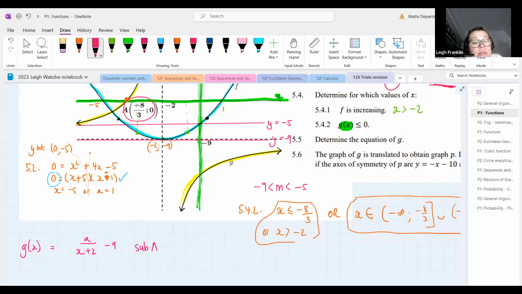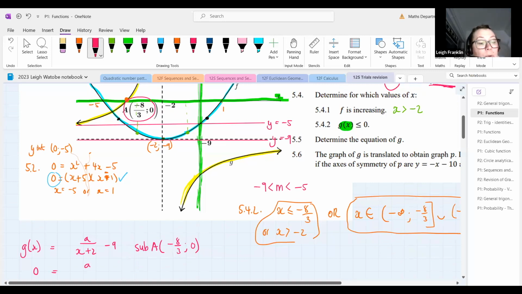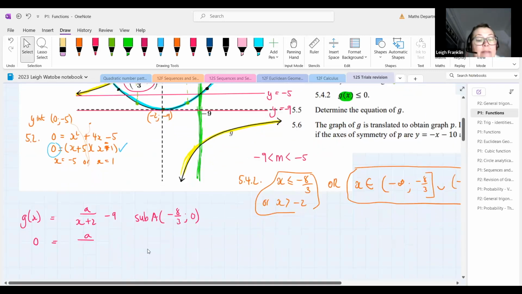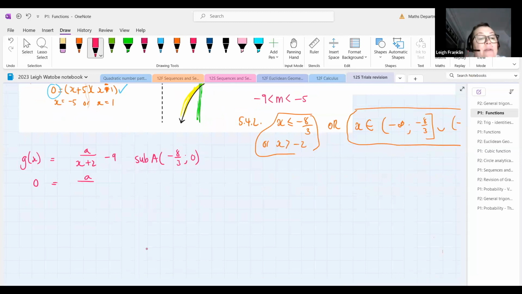And now we want to sub in point A, which is -8/3 and 0. So we're going to let y be equal to 0. We're going to let x be equal to -8/3. And now we need to solve for a.